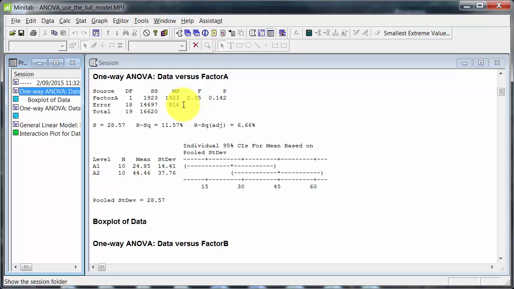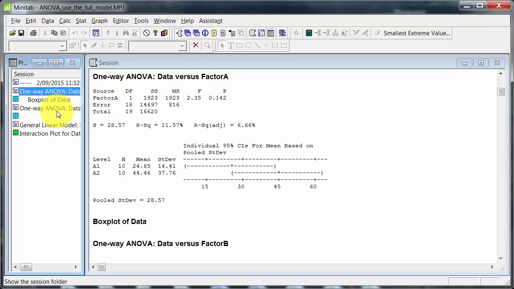The error here is now nearly 15,000 with a mean square of 1816 rather than 6. What happened is that everything, that is, variation that is not explicitly identified, ends up in the error. So the error term there is a total of the variation for factor B and the interaction.